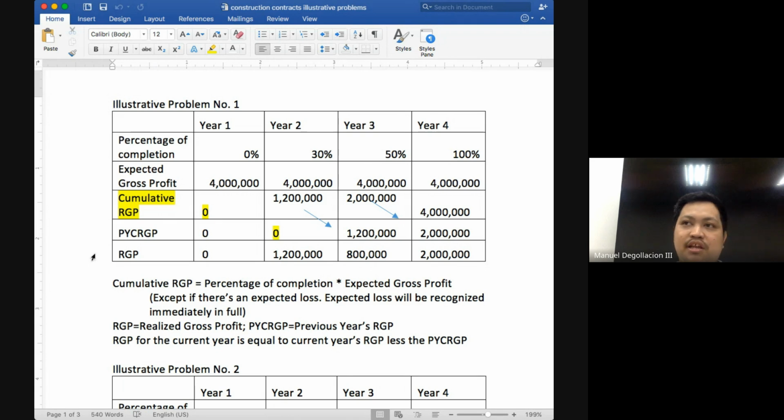You really just need two things, the percentage of completion and the expected gross profit. But why would many students have the impression that these problems are difficult? Because they might not have mastered the steps yet, but even after mastering the steps, the difficulty would be on computing for the percentage of completion and the expected gross profit.